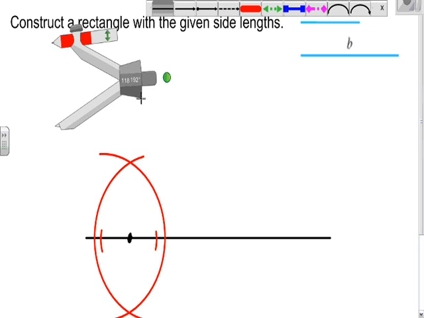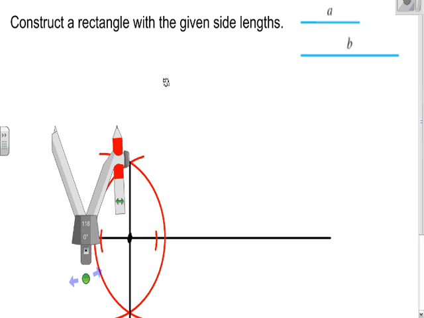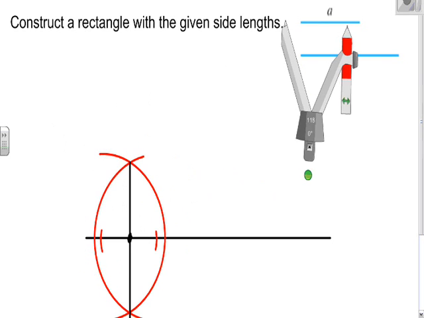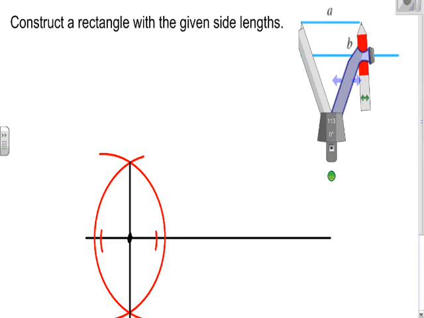And if you draw a straight line connecting, you have perpendicular lines. So next we can use our compass to measure out the lengths. So if that's length A, we can measure that out.